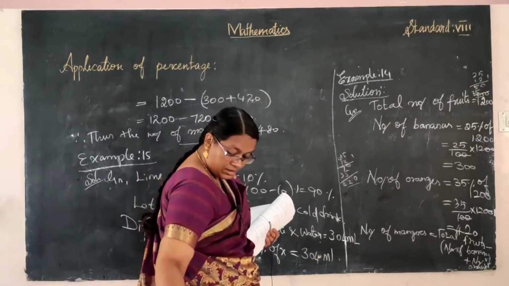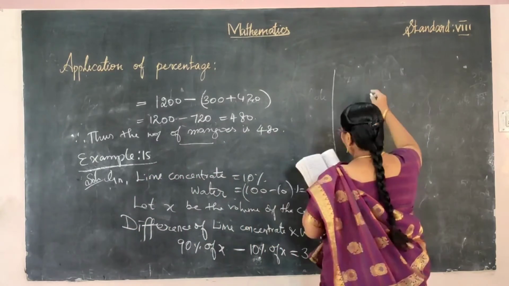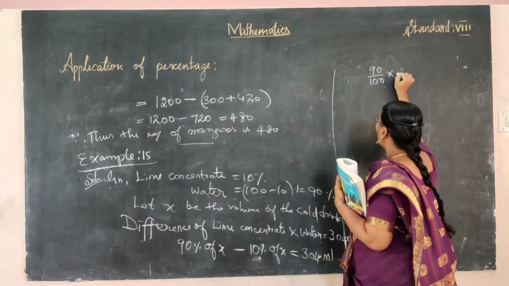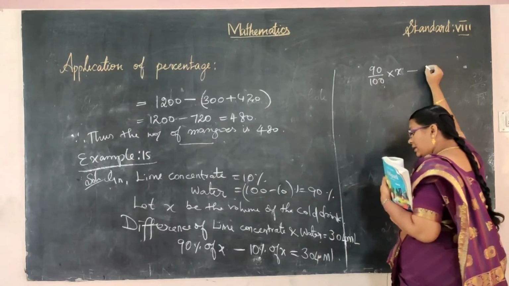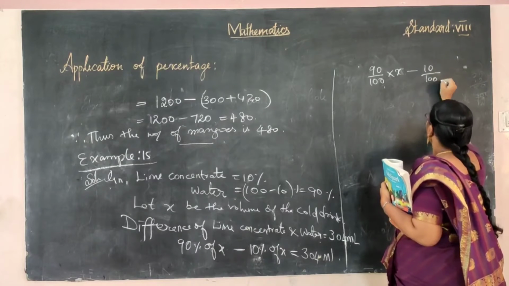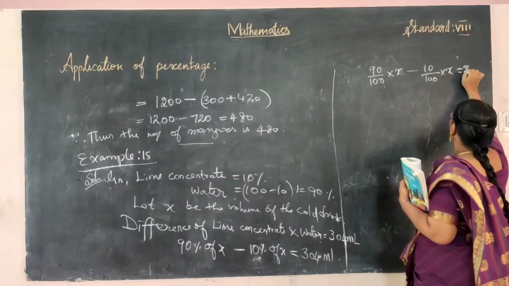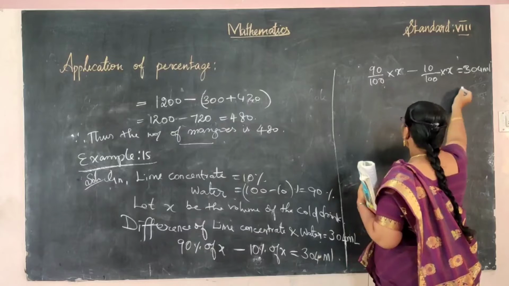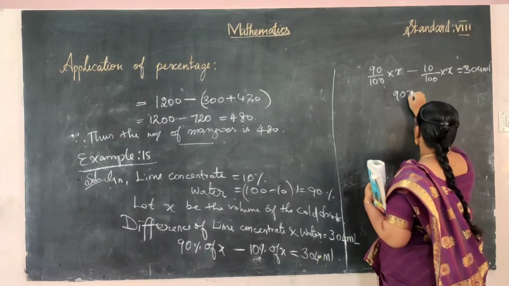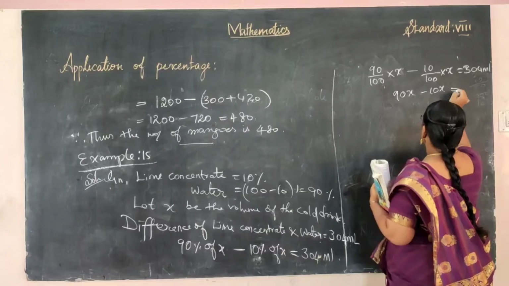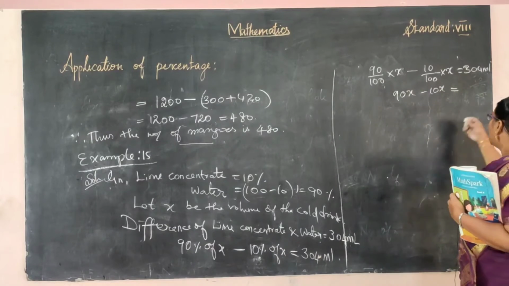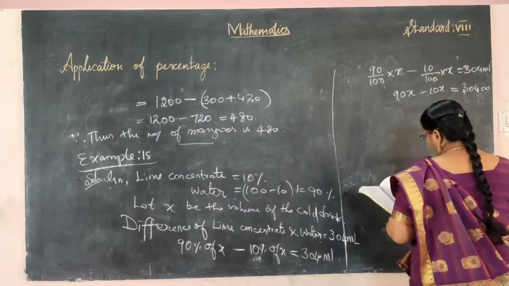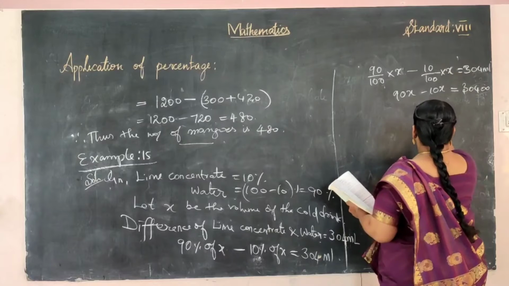So writing as a ratio, 90/100 of X minus 10/100 of X equal to 304 milliliter. The denominators are the same, so 90x minus 10x equals 304 times 100, moving to that side, 30400.